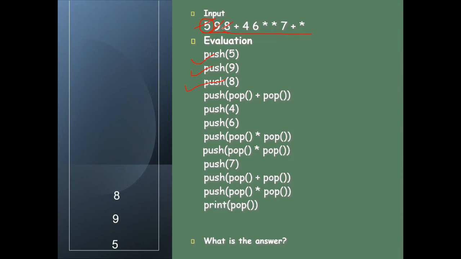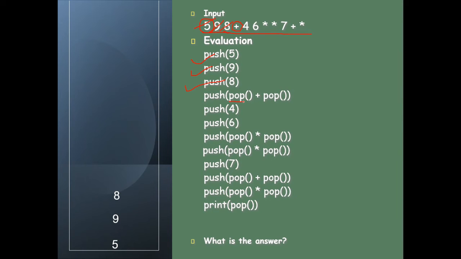Then the next one that comes into the picture is plus. Now plus is definitely not an operand. Plus is an operator, and we have just studied that if it is an operator, then in postfix expression evaluation, we are going to perform the pop operation two times. Then we are going to apply the operator, and whatever result comes, we are going to push it into the stack again.